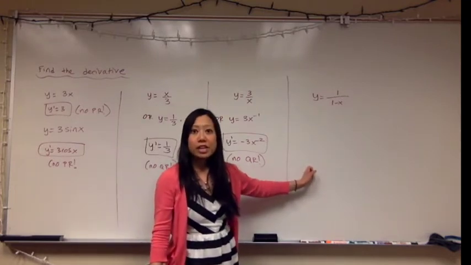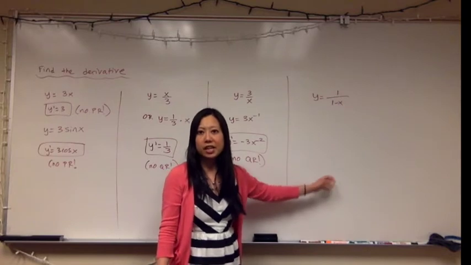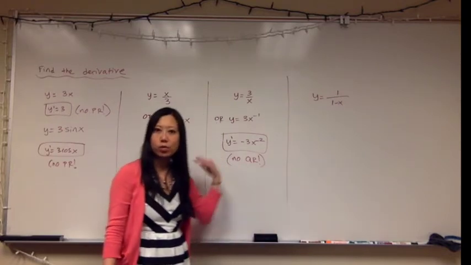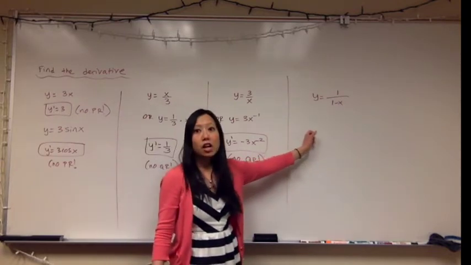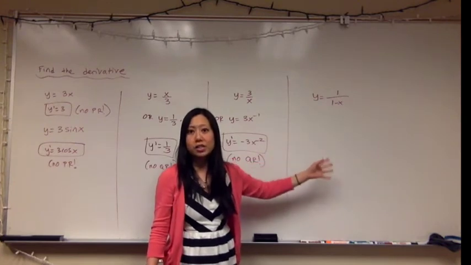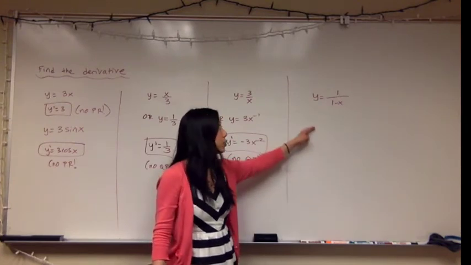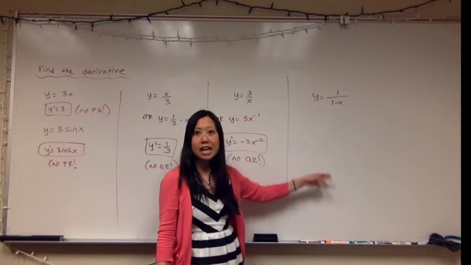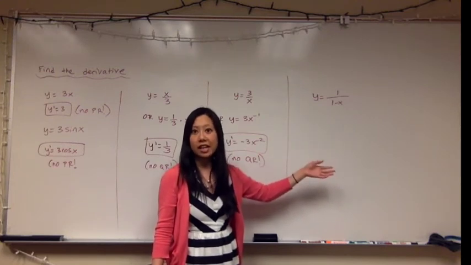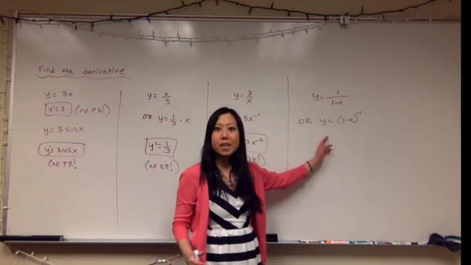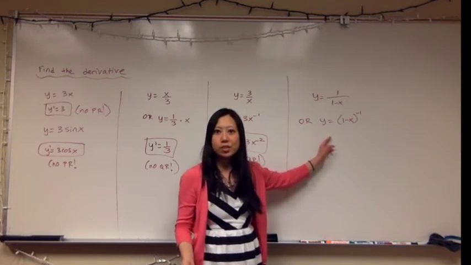Let's look at this one now, a little bit more complicated. Okay, not really complicated, but more complicated than these. Here, again, no quotient rule. The whole entire numerator is constant. So what we could do here is bring the 1 minus x all to the numerator and negate the exponent. This is the same as 1 minus x all raised to the negative 1 power, and now I could just apply chain rule.